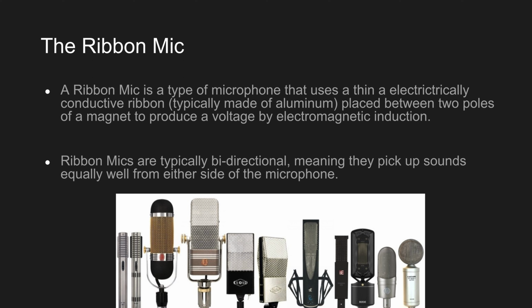Ribbon mics are typically bidirectional, and again, we're not going to worry about that too much, but just know that the typical one is bidirectional right now, so they pick up sound equally well from either side. When we look at some common ones, I'll denote which ones are not bidirectional.